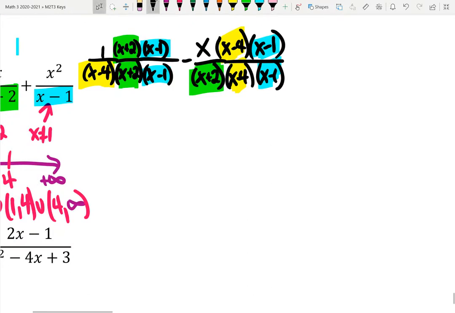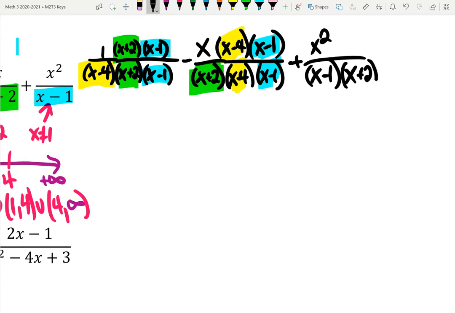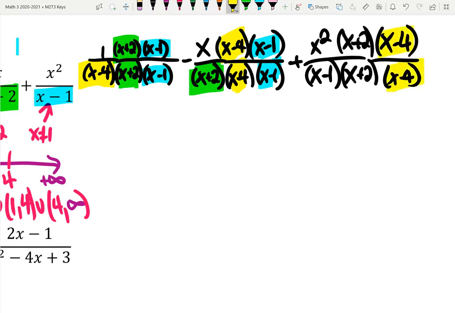It is x squared, so what I'm going to do is multiply it by what it's missing. It has the x minus 1, so I'm going to multiply by x plus 2, and then the x minus 4. All right, they have the same denominator. Yes, they're in a different order, but with multiplication, you can change the order and have it be equivalent.